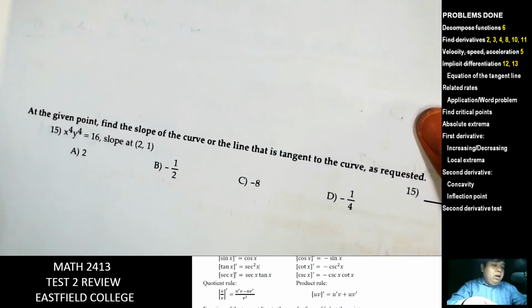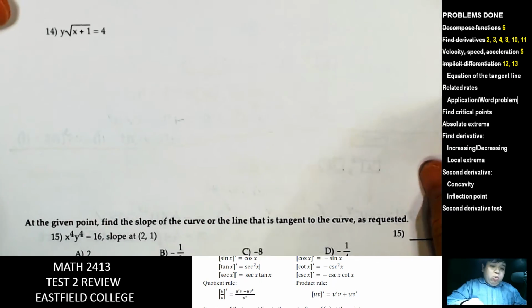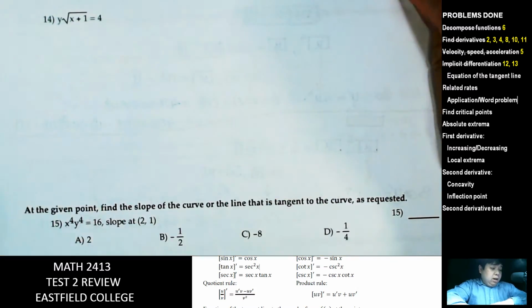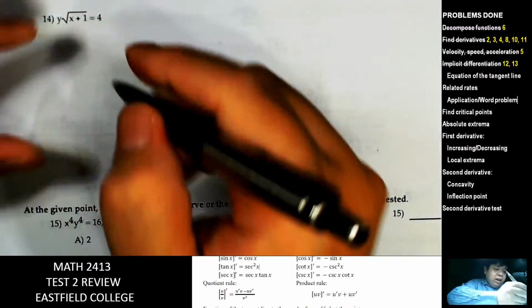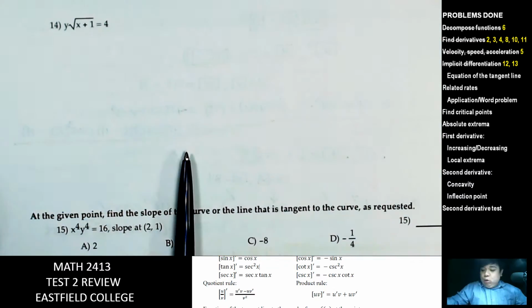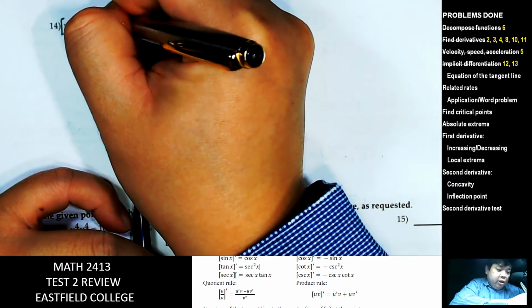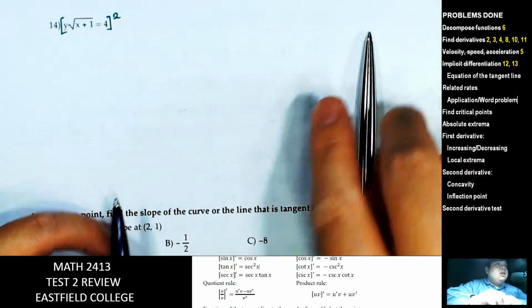Right. I would do 14 as well, but I think we did this in class, so I'm not going to do that again. But just a little hint here, it would be a lot better before we jump right into the derivative. We square both sides.